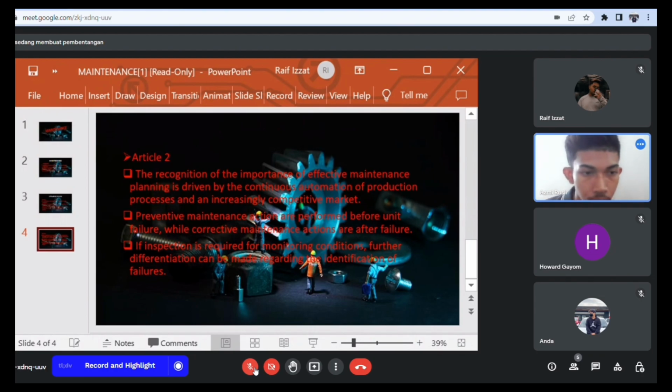First, the recognition of the importance of effective maintenance planning is driven by continuous automation of production processes and an increasingly competitive market. For example, operation and maintenance costs for offshore wind farms account for a quarter of life cycle costs, making them one of the largest cost components for this asset.